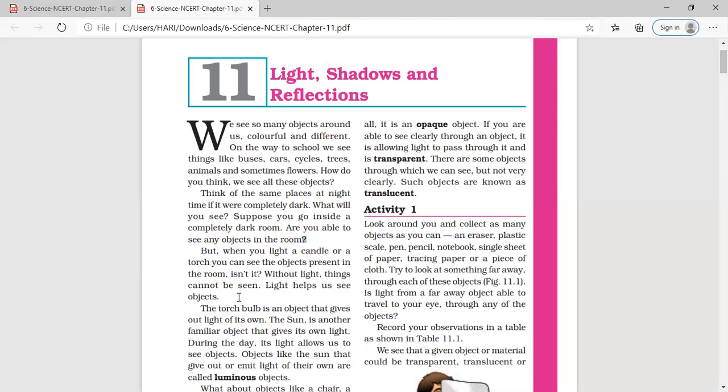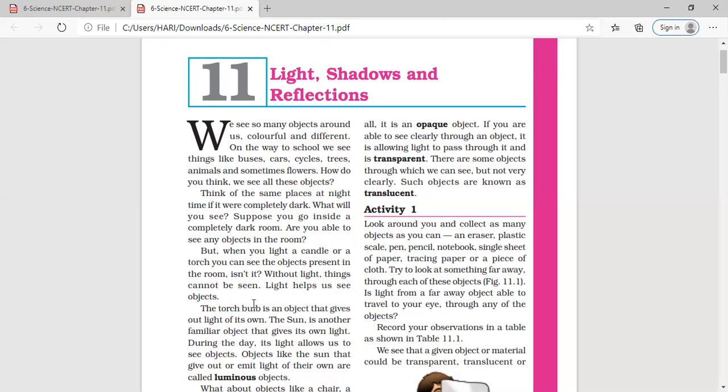During daytime we get the light of the sun. Because of the sunlight we can see the objects during the daytime. At night, we do not get sunlight, so we have to use other sources of light, either the electric bulb or the torch or the lighted candle.